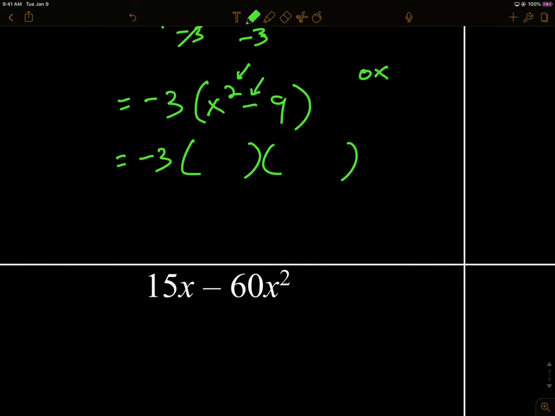I have the difference. If that's a plus, it's not going to work, but it is a difference this time. The square root of x squared is x. The square root of 9 is 3. So I want to write the x in both spots for the first. The square root of the first, x squared, is x and x. The square root of the last, 9, is 3 and 3. And because there's the 0x in the middle, I know these have to be opposite signs.